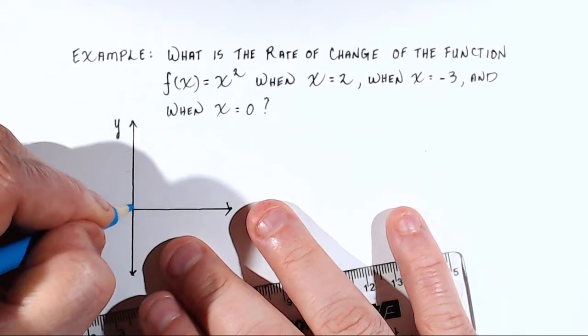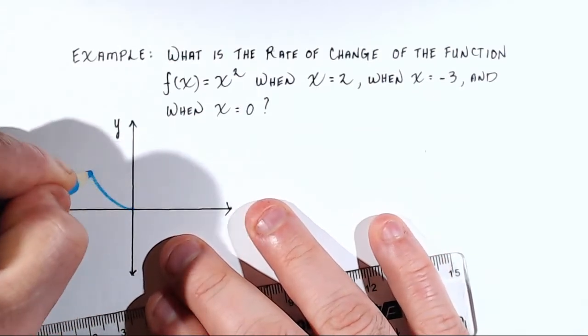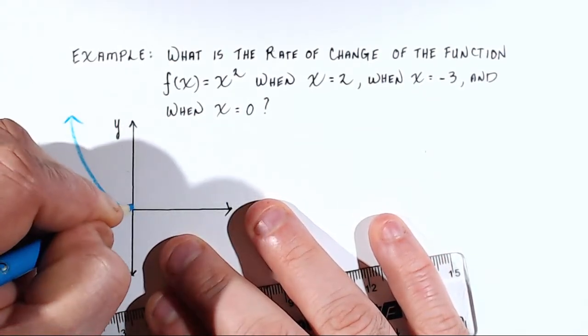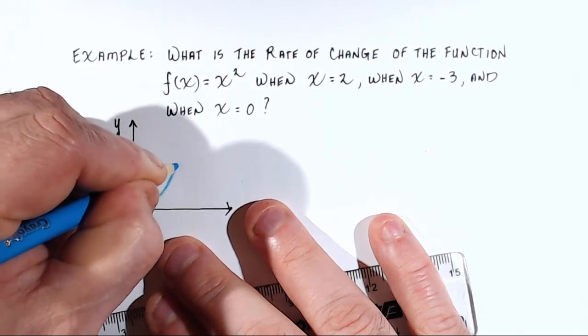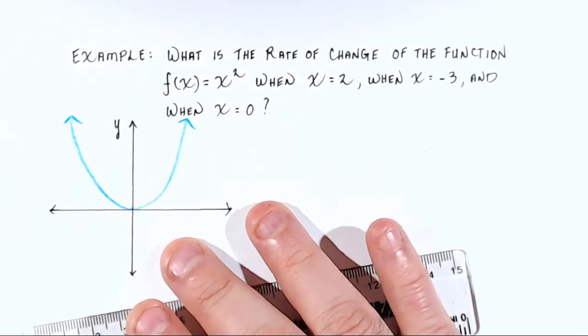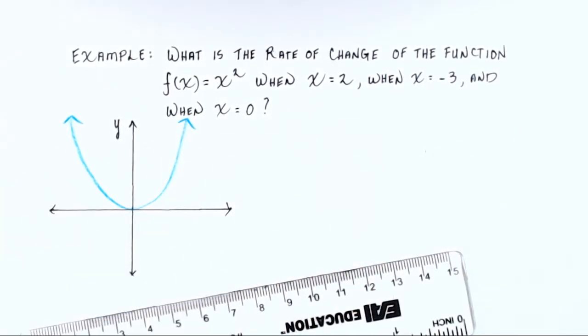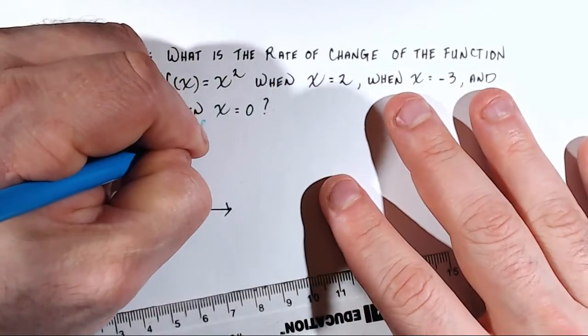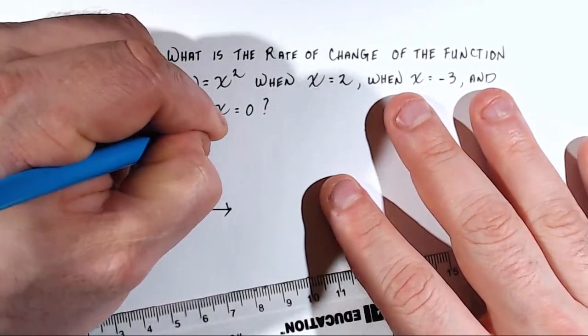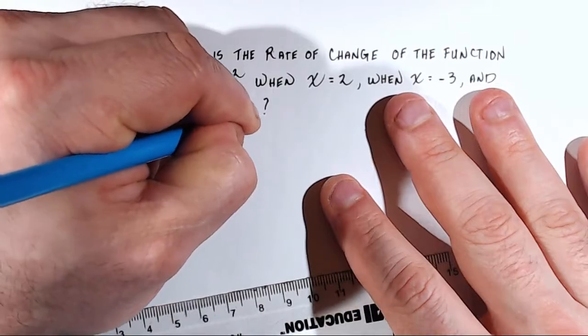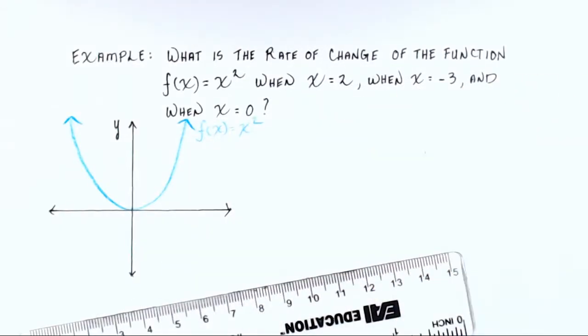It curves up, I should say. So it looks kind of like this. And again, not something I would want to show an engineer, but it gets the point across. And this is f of x equals x squared. That's what's plotted right there.